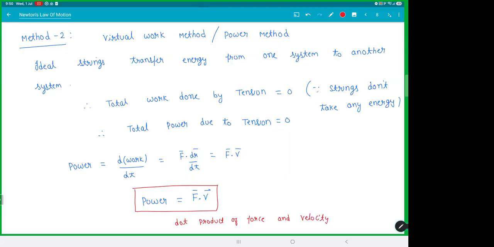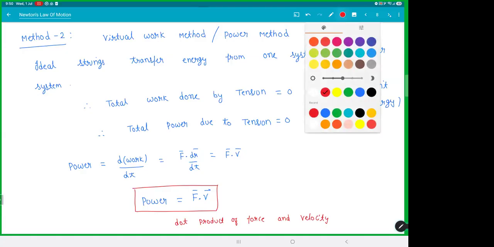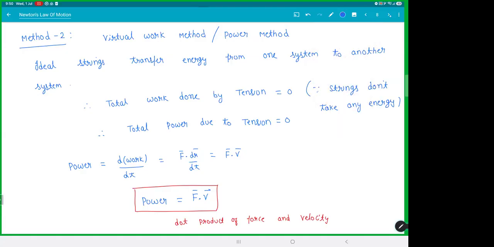We will combine this and see the whole thing. Now, before jumping into this, we will talk a little about tension. So how does tension behave basically? In more detail, we'll do it in FBDs, but you need to know a little. Any doubts on this page?